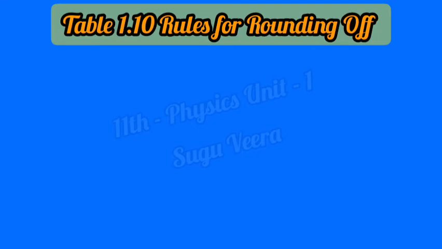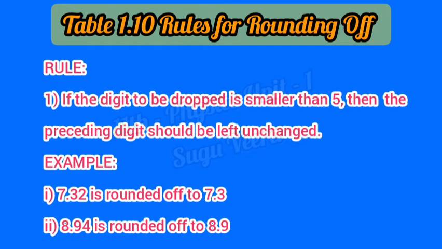The rules for rounding off, table 1.10, rules with examples. First one, if the digit to be dropped is smaller than 5, then the preceding digit should be left unchanged. For example, first one, 7.32 is rounded off to 7.3. Second example, 8.94 is rounded off to 8.9.